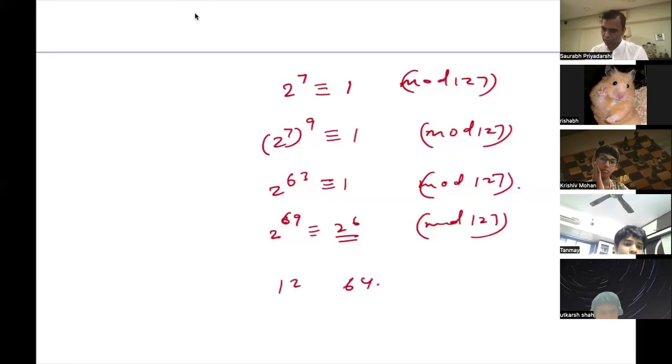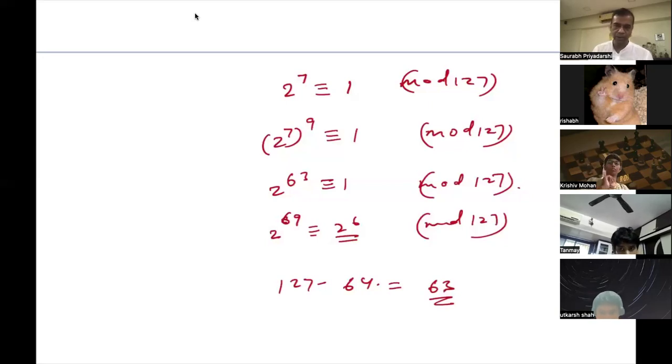So I have to subtract this 64 from 127, and I guess you are getting 63. Everyone getting this? Okay, everyone? Very good.